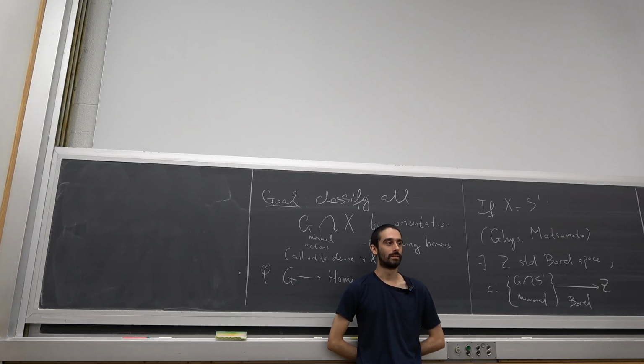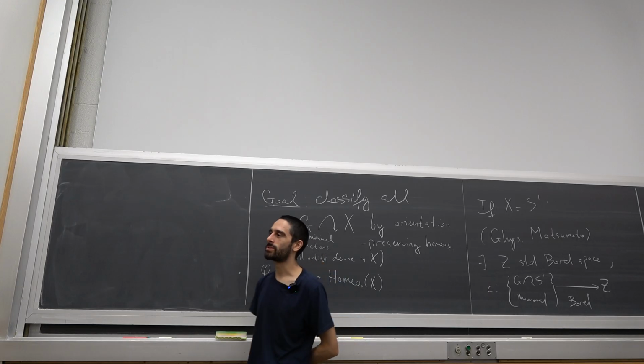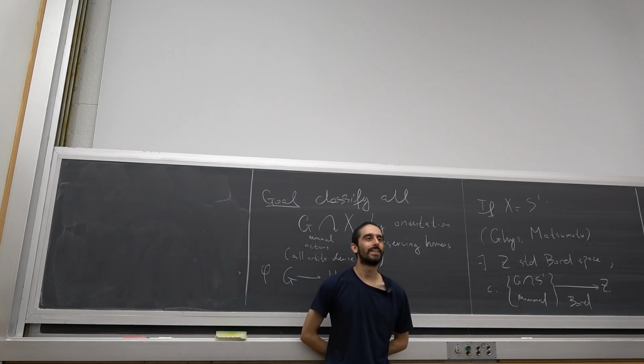You have a Borel reduction to a standard Borel space. Just take the sigma algebra of the reals or of Cantor space. But we can't take Z to be just a point? Well, yes, you can. You can, but it's not the best presentation for this problem maybe.